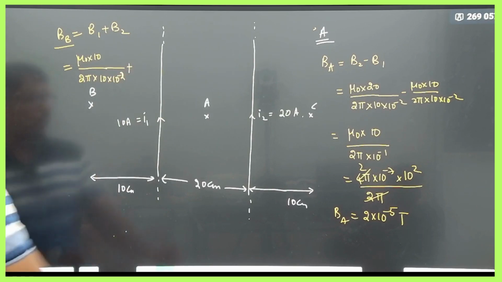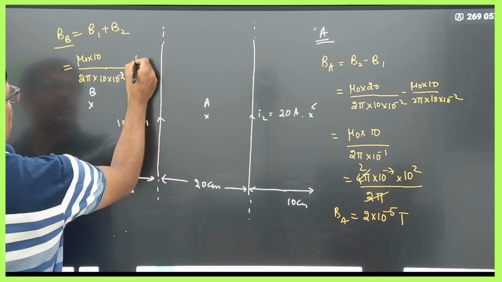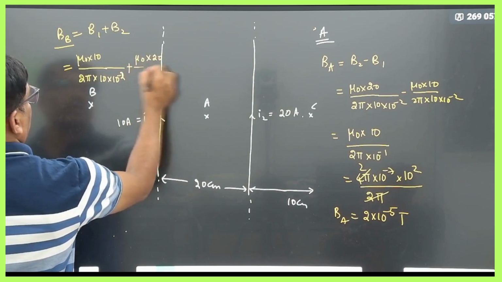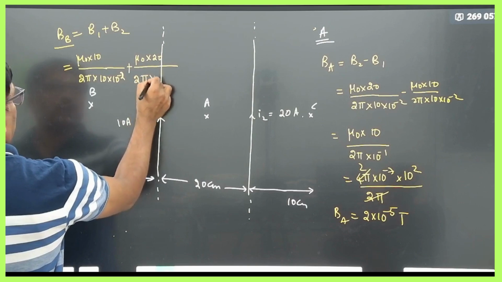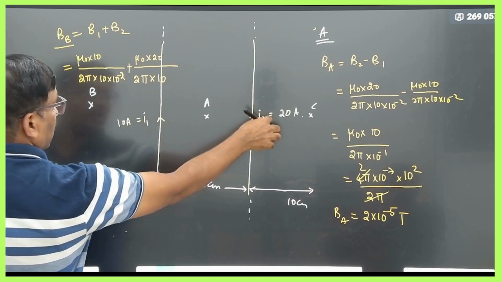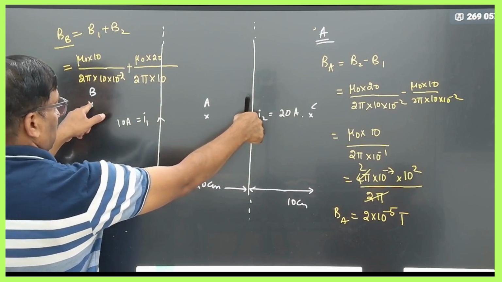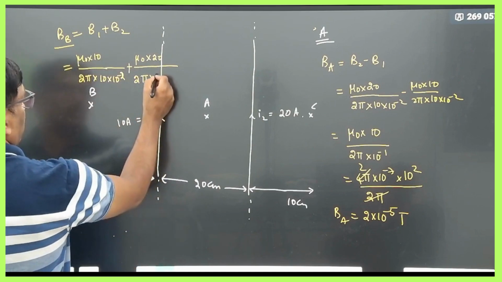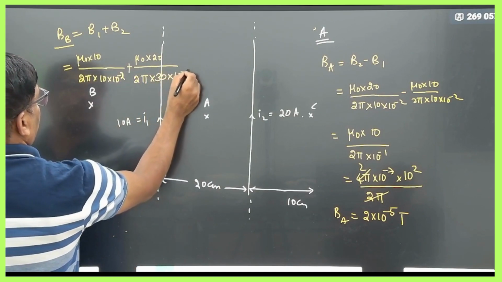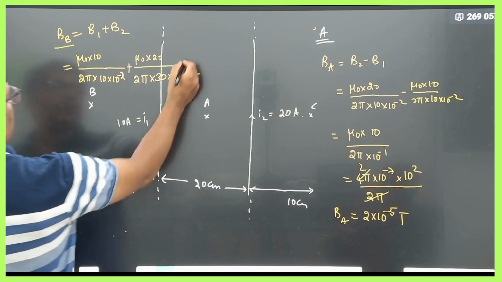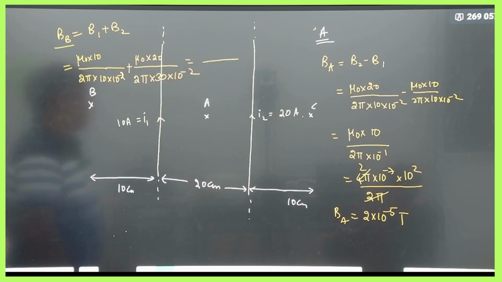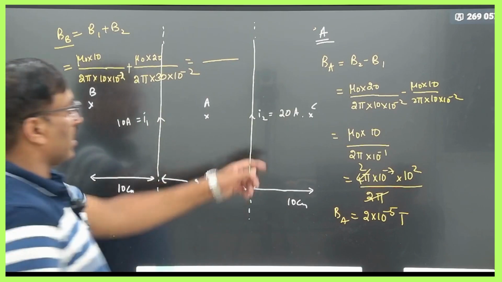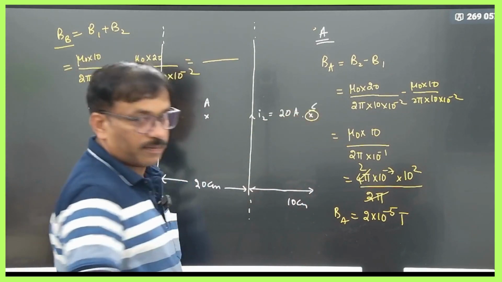Plus due to this one, mu naught into 20 ampere divided by 2 pi into the distance here. What is the distance here? This is 30, not 10. Therefore 30 into 10 to the power of minus 2. Right? You can simplify, you can get your answer on this. Okay? Similarly, try to calculate the magnetic field at this point.